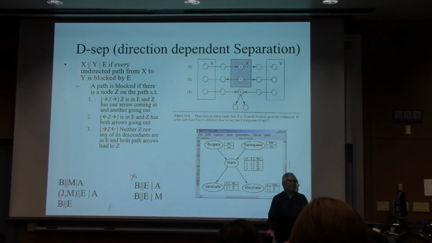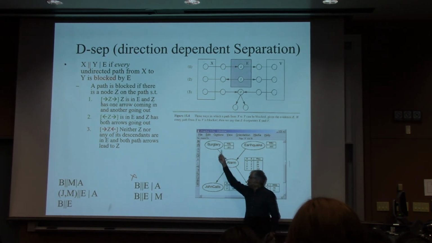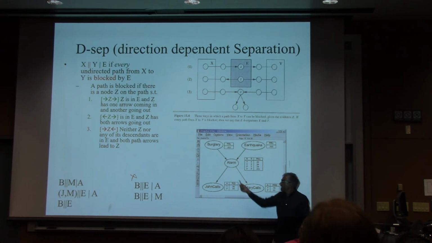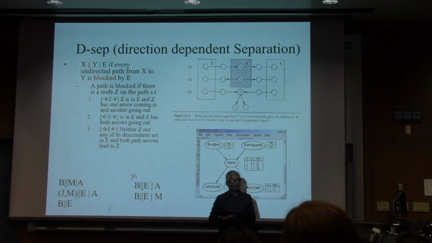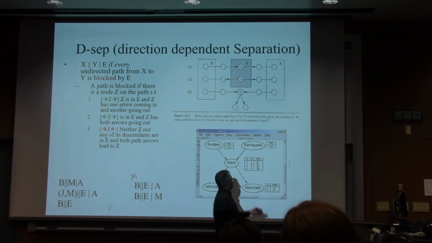You can kind of see that probably is the case, because in essence this network is saying the only reason Mary calls is because of alarm going off. So if burglary has to affect Mary calling, it has to affect it through alarm. If you remove alarm, Mary calling is independent of burglary.